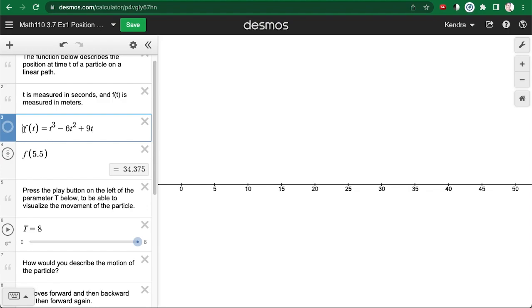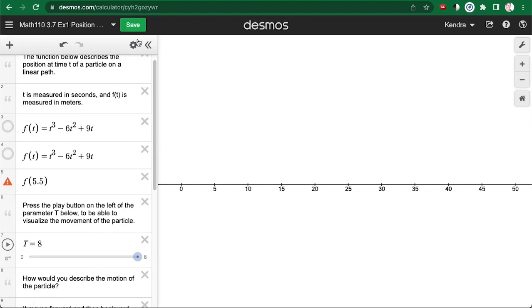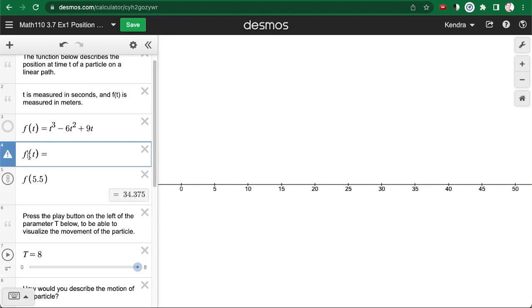So I'm going to do f prime of t equals the derivative of f. This is a polynomial, so it's pretty easy to take the derivative. The derivative of t cubed is 3t squared.